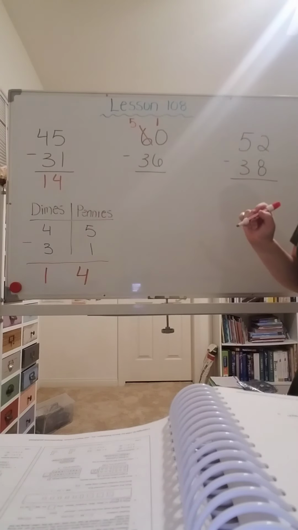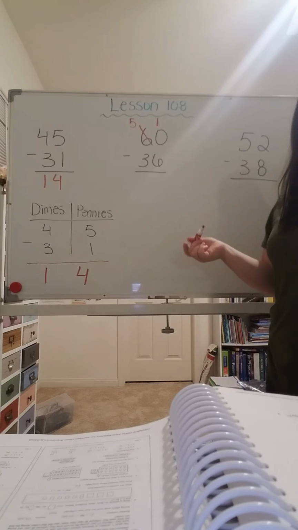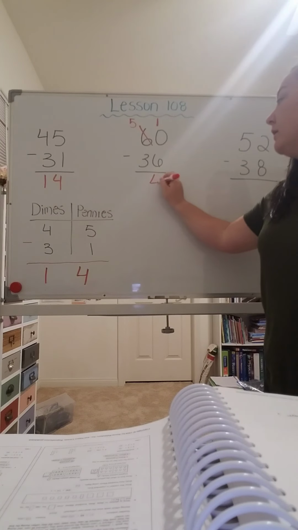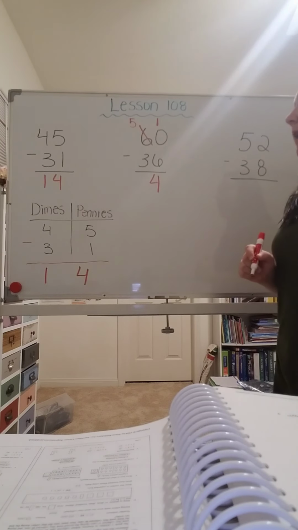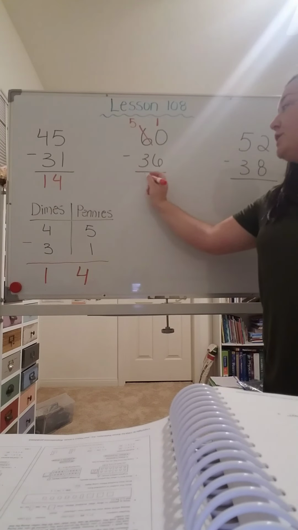Now we do 10 minus 6, which is 4. And we have 5 dimes left, and 5 minus 3 is 2.